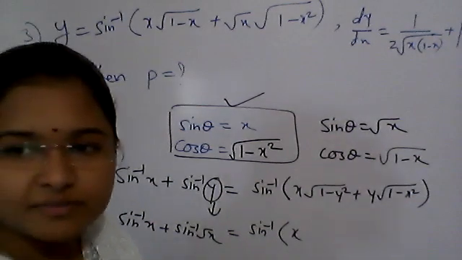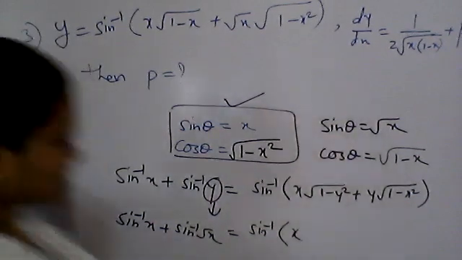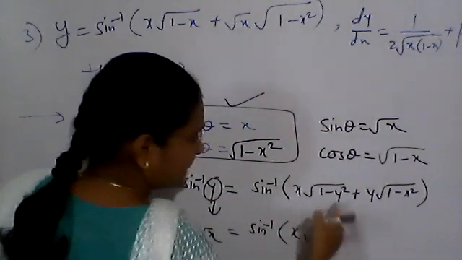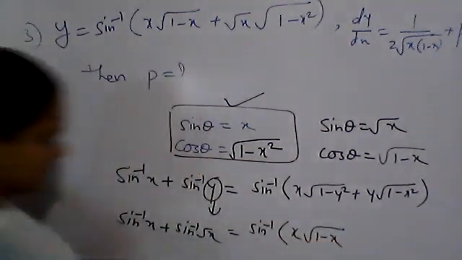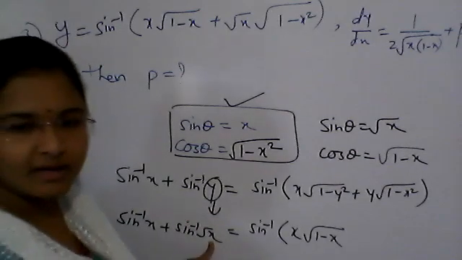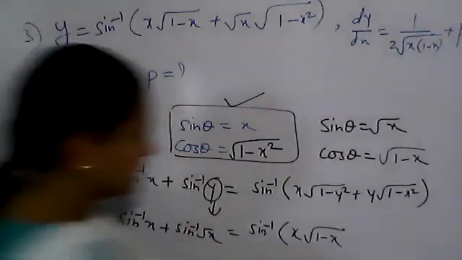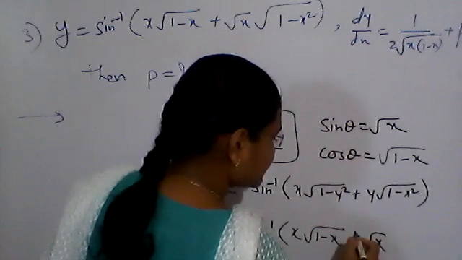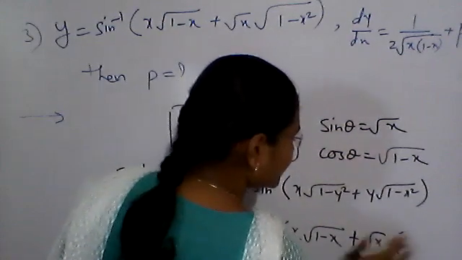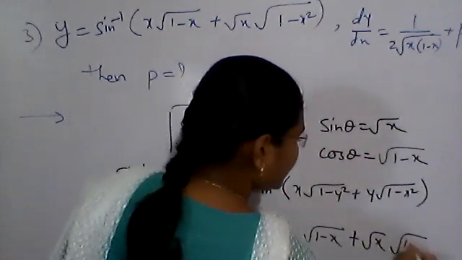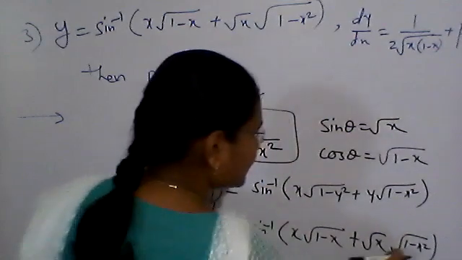getting it? So what will be there? y square will be x if y is root x, right? Plus root x, in bracket, sorry, root x root 1 minus x square. Any doubt?